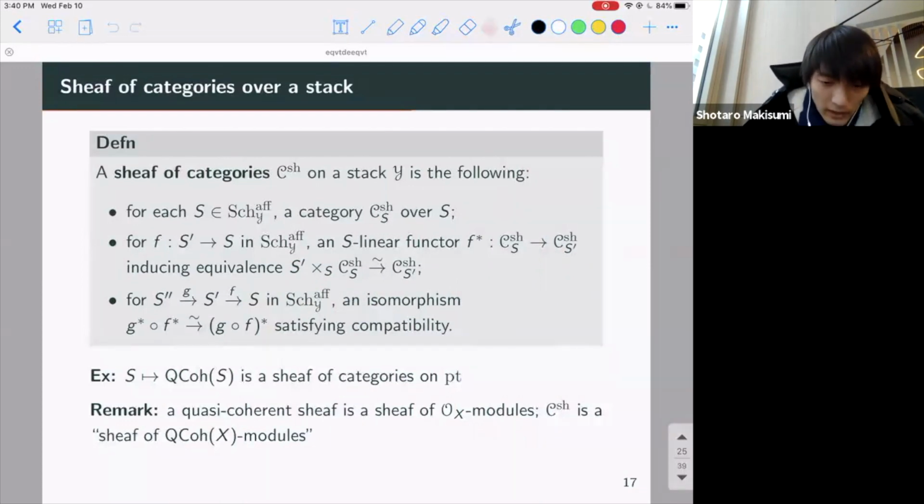For example, for a sheaf of categories over a point, one example is to just assign to any affine scheme its category of quasi-coherent sheaves. You might want to think of this in the following way. A quasi-coherent sheaf is a sheaf of O_X modules.